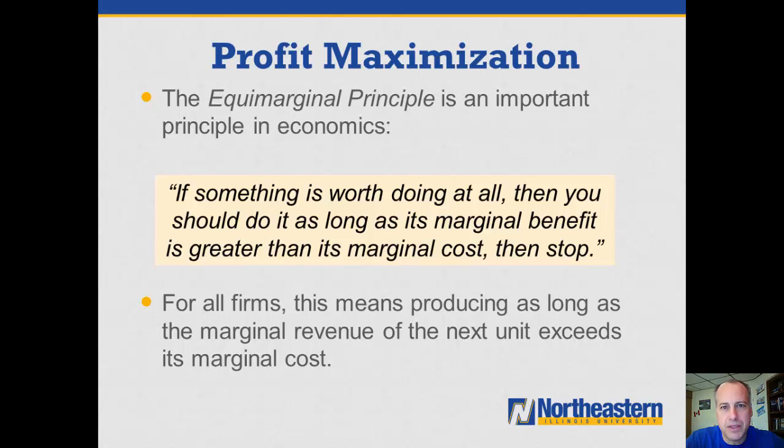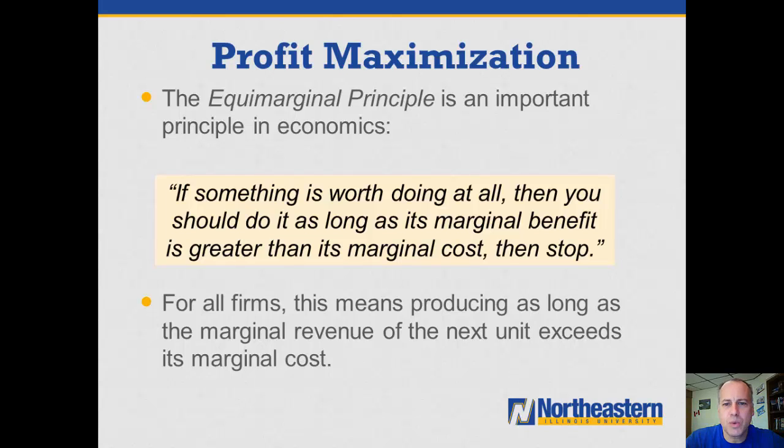It's useful now to think about profit maximization by firms, and we begin by stating something called the equimarginal principle. This is an important principle in economics that holds not just for competitive firms, but for all firms and for all consumers. In fact, we learned about this when we thought about maximizing utility.